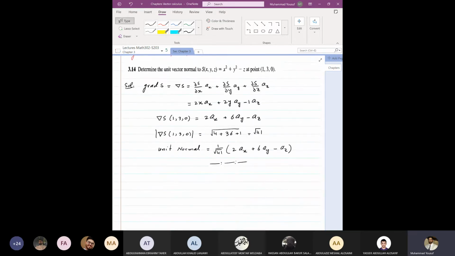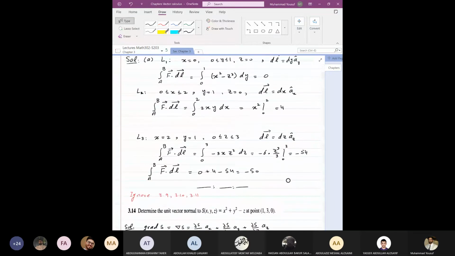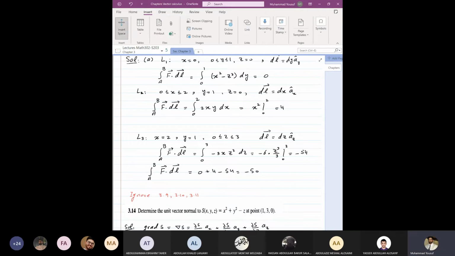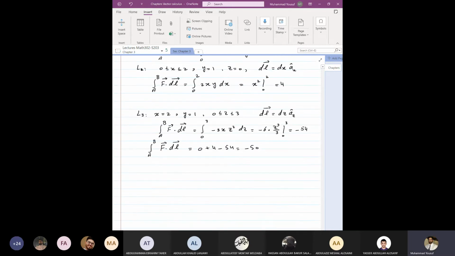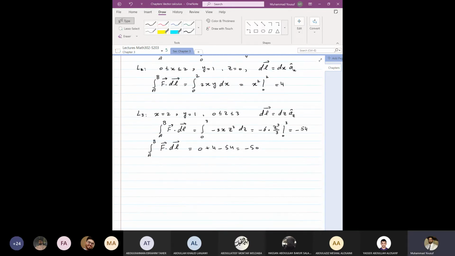Now for part B, let me do it here because someone asked me. I insert some more space. So this is part B. One point is 0, 0, 0.